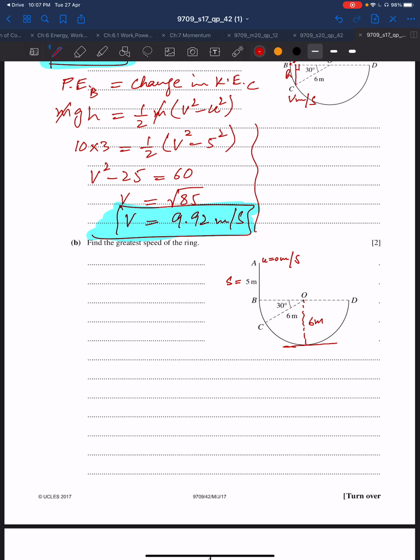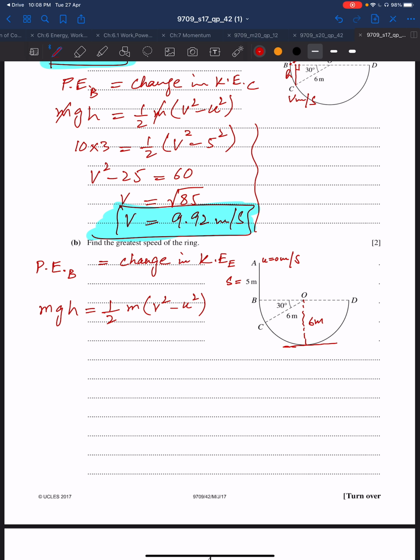So what happens here is that the potential energy at B will be equal to the change in kinetic energy, as in the previous formula we used. So what is potential energy at B now? mgh is equal to half m, v square minus u square.